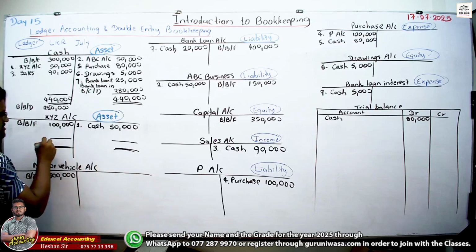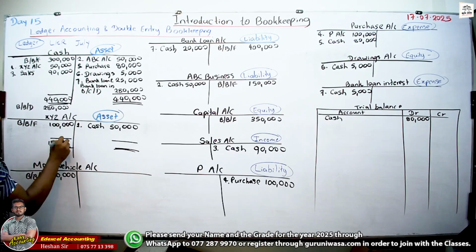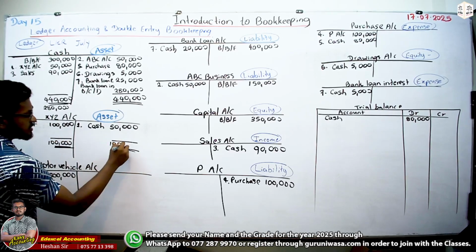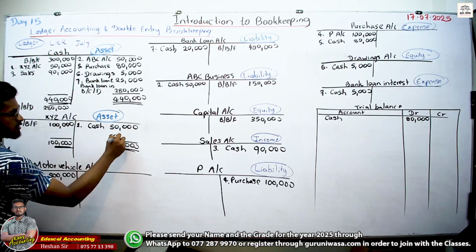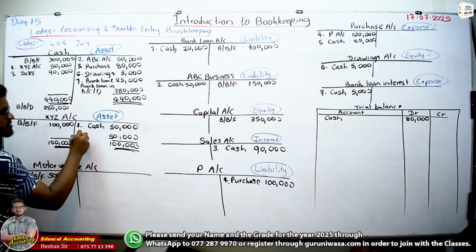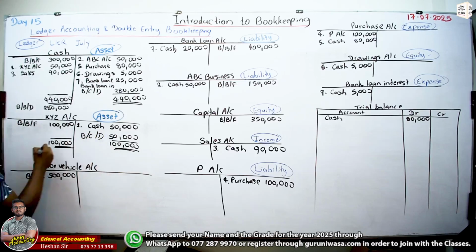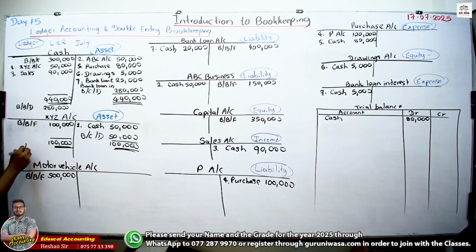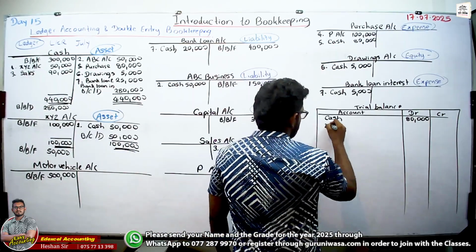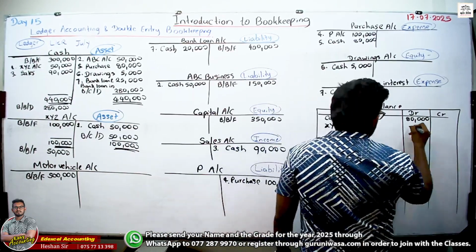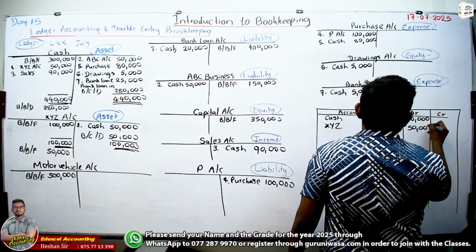When we see the cash XYZ account, the higher value side is the debit side, the low value side 50, 100,000 minus 50,000 means 50,000. So you can see XYZ account, since it is an asset account, it comes to the debit side.